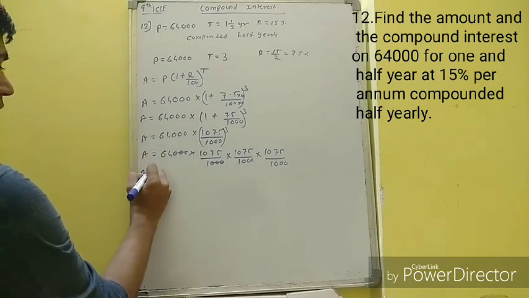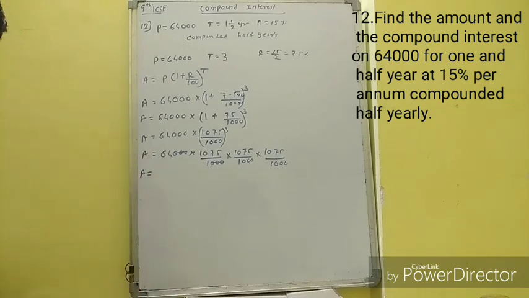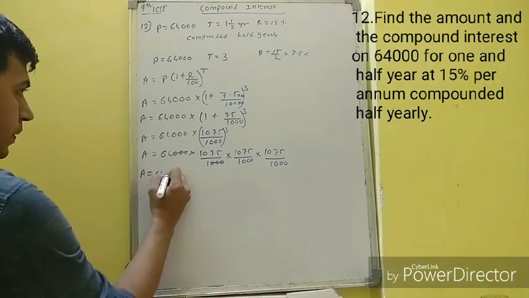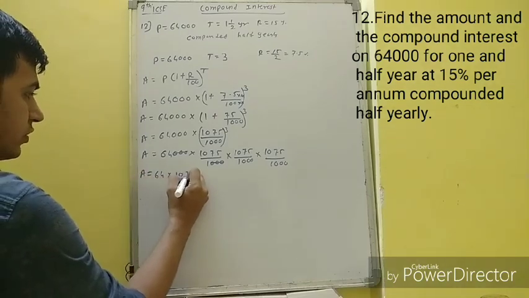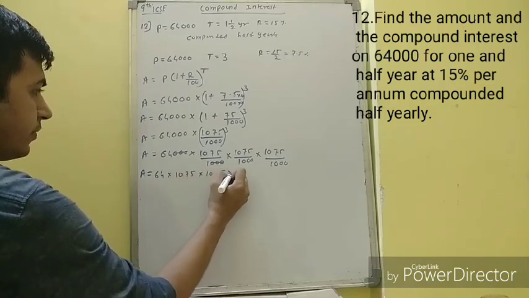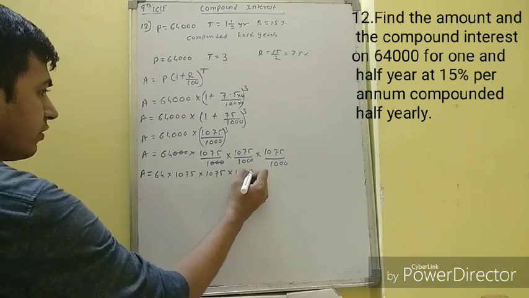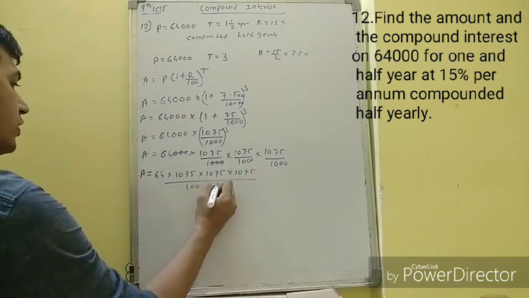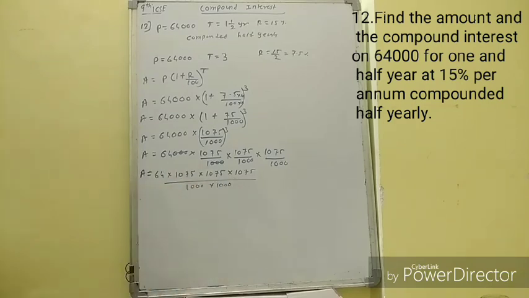Amount is equal to 64 multiplied by 1075 upon 1000 into 1000.